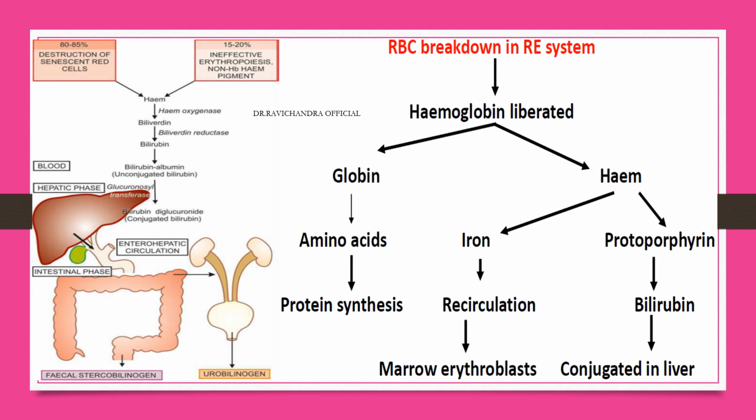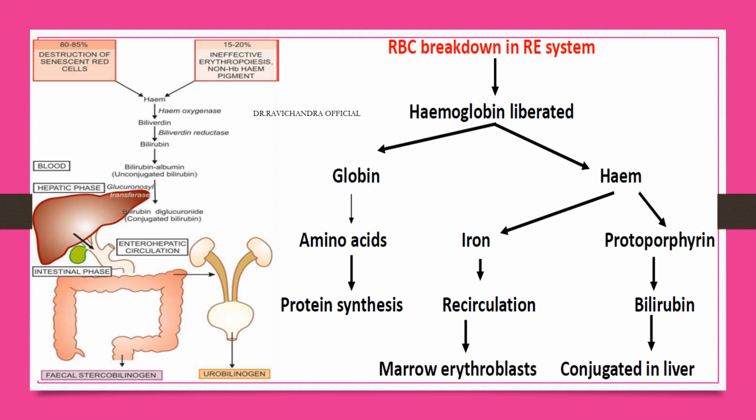80 to 85% of the destruction is of senescent red cells, and 15 to 20% is from ineffective erythropoiesis and non-heme hemoglobin heme pigments, broken down in the reticuloendothelial system. There will be formation of heme, and the heme in the presence of heme oxygenase is converted into biliverdin, and the biliverdin is converted further into bilirubin in the presence of biliverdin reductase.